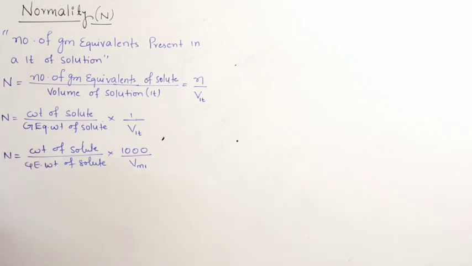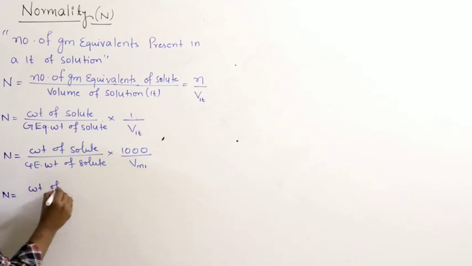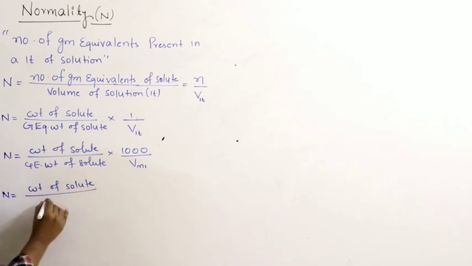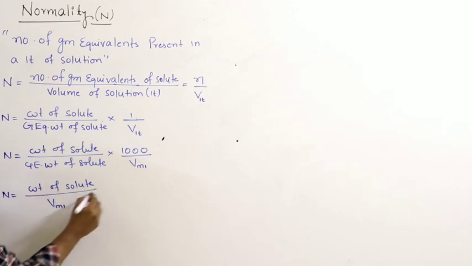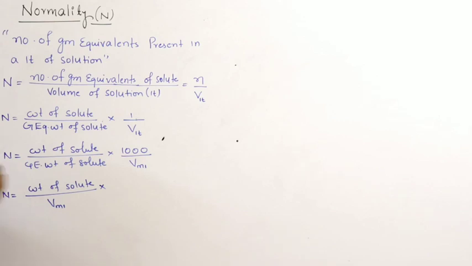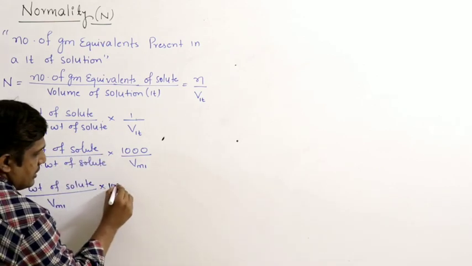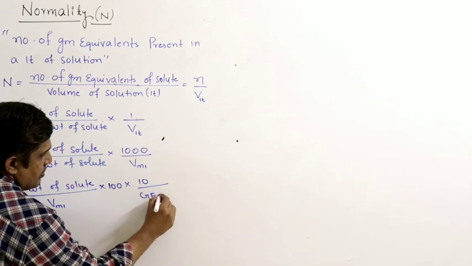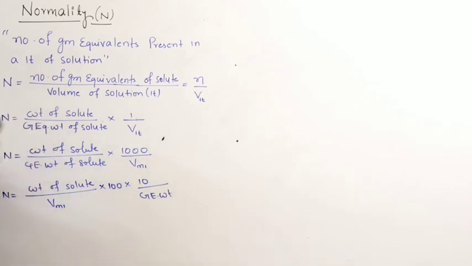So just rearranging the equation as we did in the last class. So this is weight of solute by volume of solution in ml, right? Expressing 1000 as 100 into 10 by gram equivalent weight.